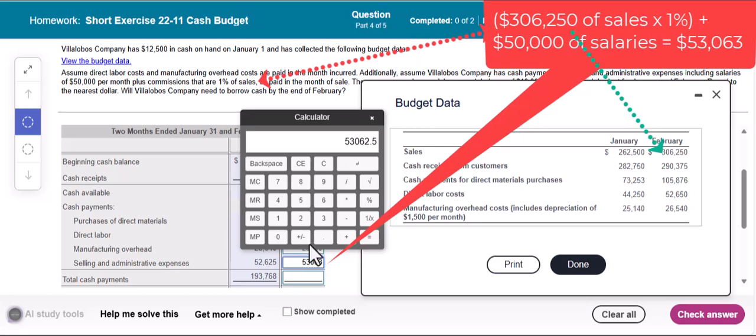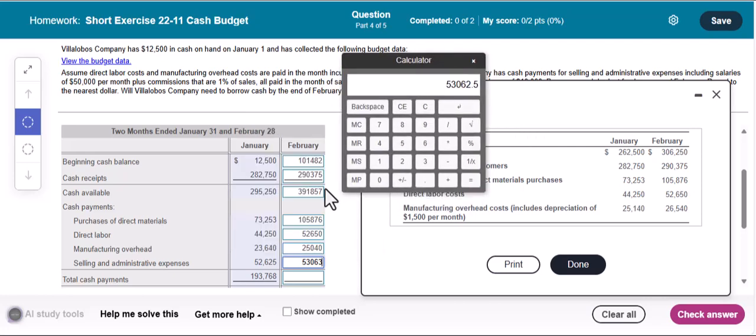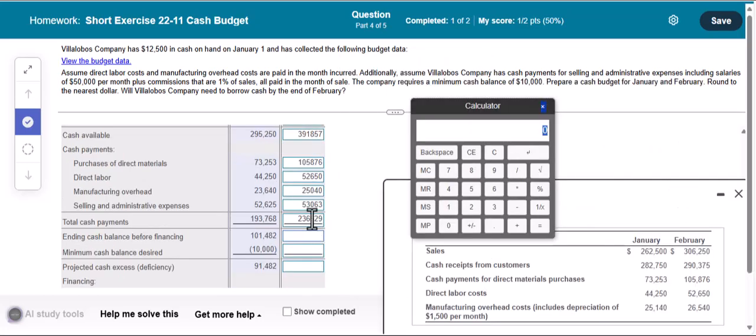And again, that was given to us in the beginning of the problem that we want to round to the nearest whole dollar. So we want to then add our total cash payments. So these four numbers, the direct materials, direct labor, manufacturing overhead, less the depreciation, selling and administrative expenses. And that's going to give us total cash payments of $236,629. So now they want to know what our ending cash for financing.